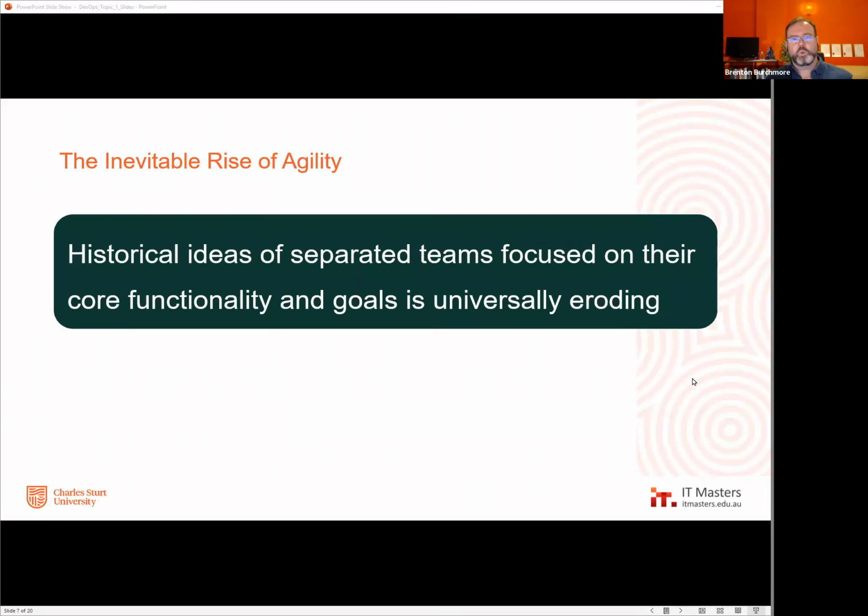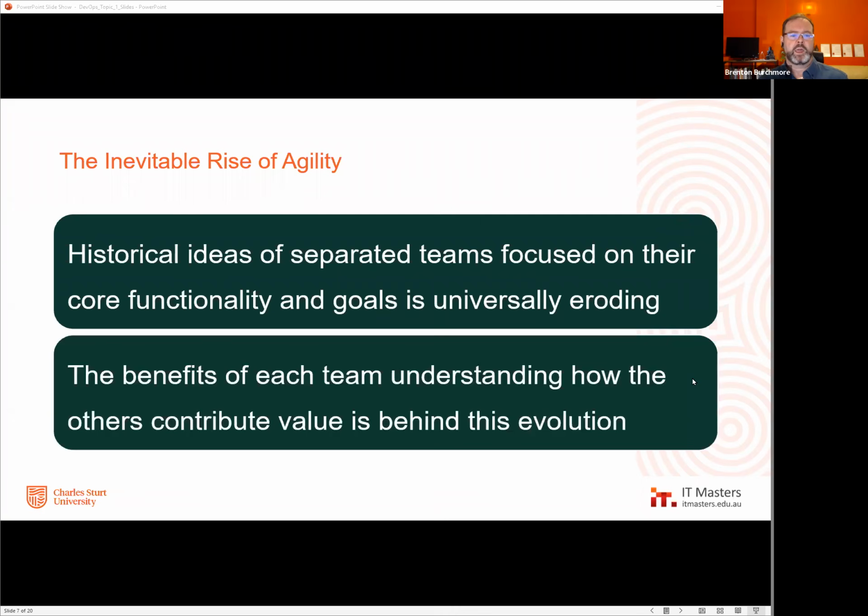So around the world, and for the last several decades, not just in technology, but if you look at manufacturing and all the other different industries where things have evolved, the idea of separated teams is very quickly starting to erode. And the benefit of having each team know what the other team is doing, and I'm not just talking about DevOps now, I'm talking about sales versus technology versus production versus logistics versus executive.